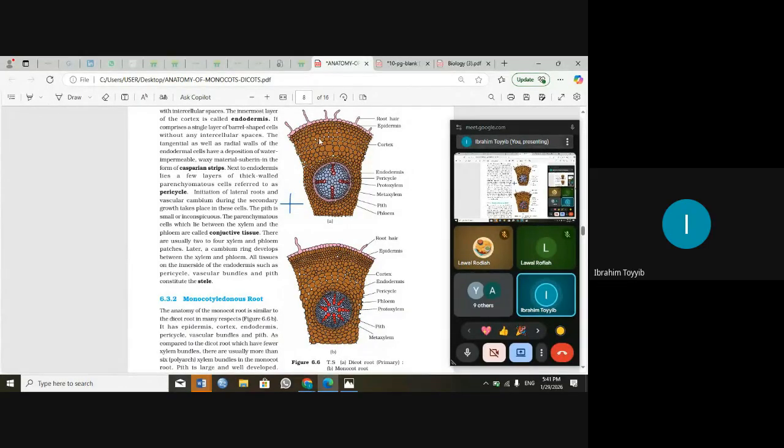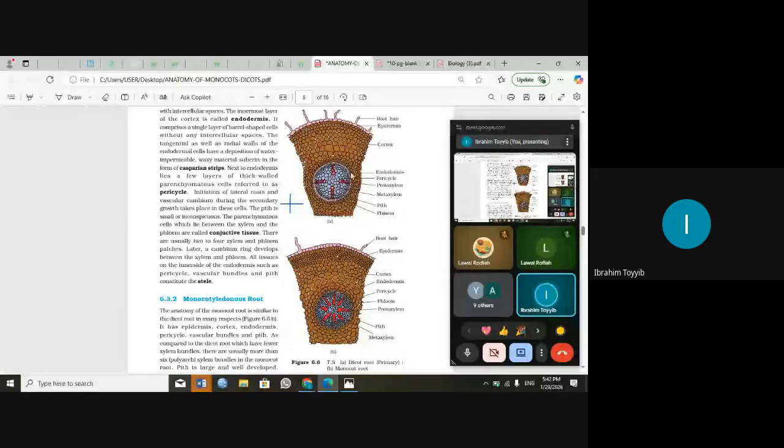All this part is the cortex. Now, after the cortex, in the inner, we have the endodermis. Endodermis is the inner, epidermis is outer. So we have pericycle. Just take note of these structures.